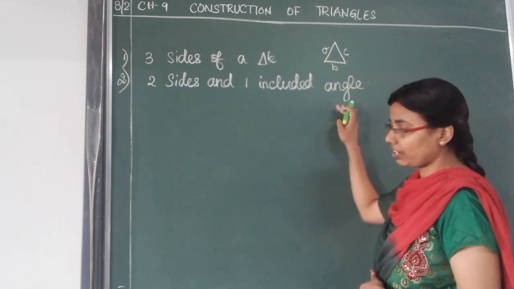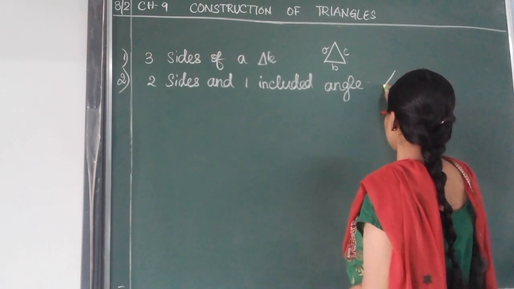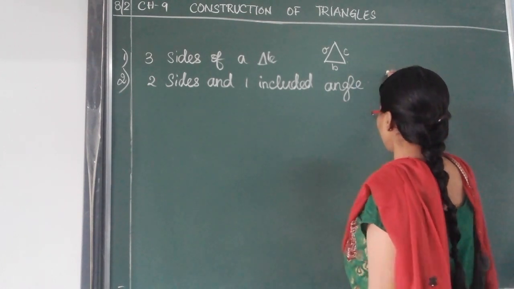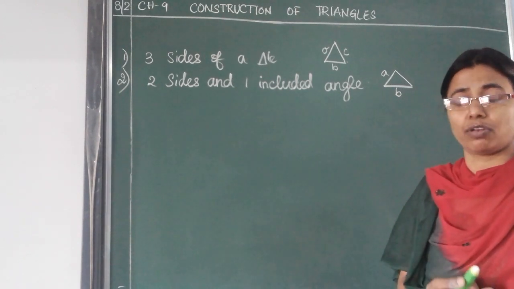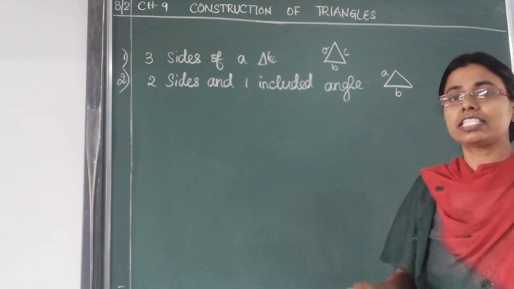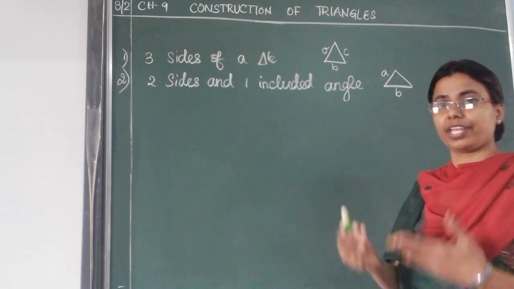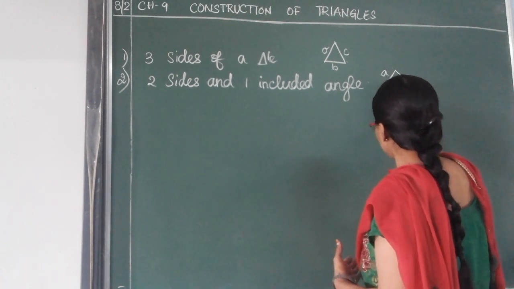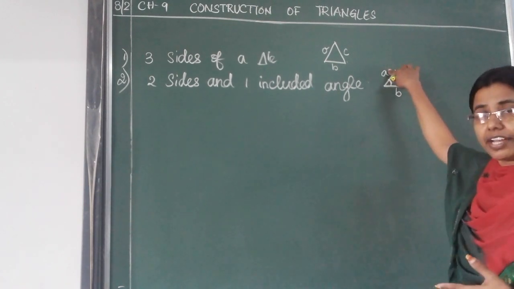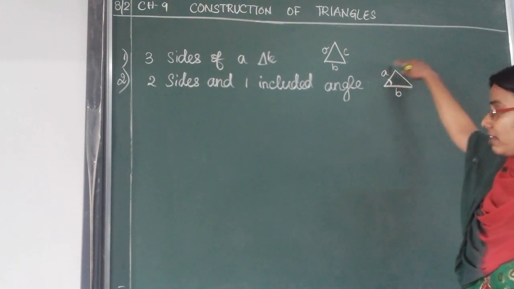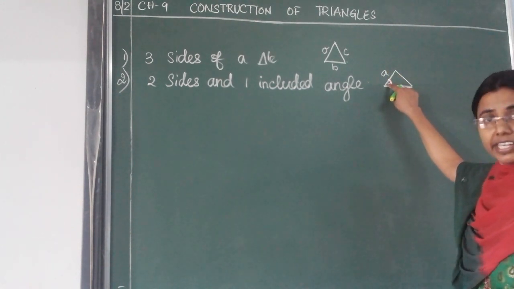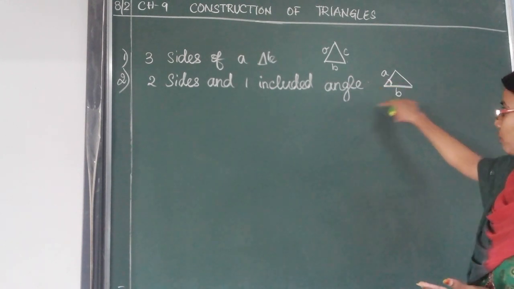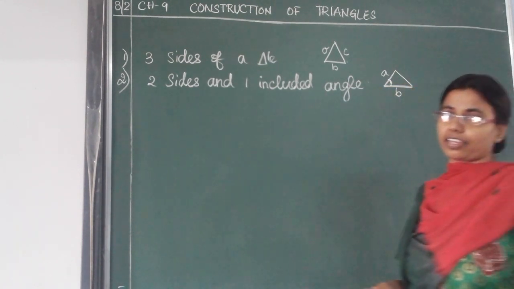But coming here, if you know this is A and this is B, the included angle, what is an included angle? Something which is in between. Okay? So here if you know this angle, A length is given, B length is given, and the included angle here it is given. Then you can construct a triangle.